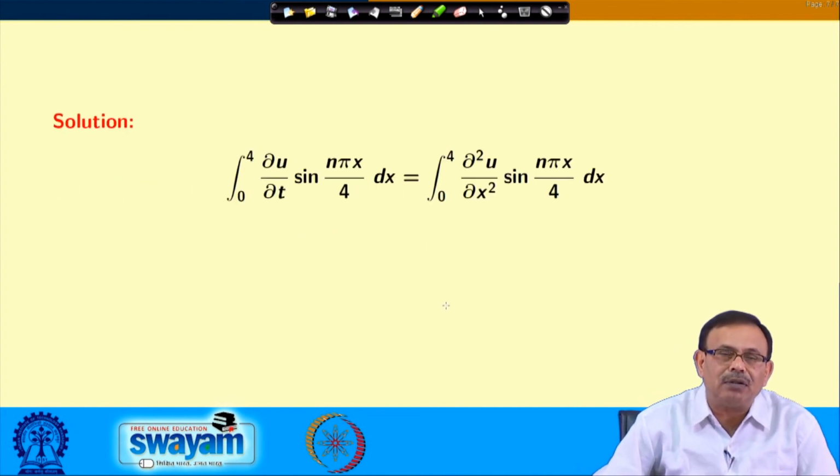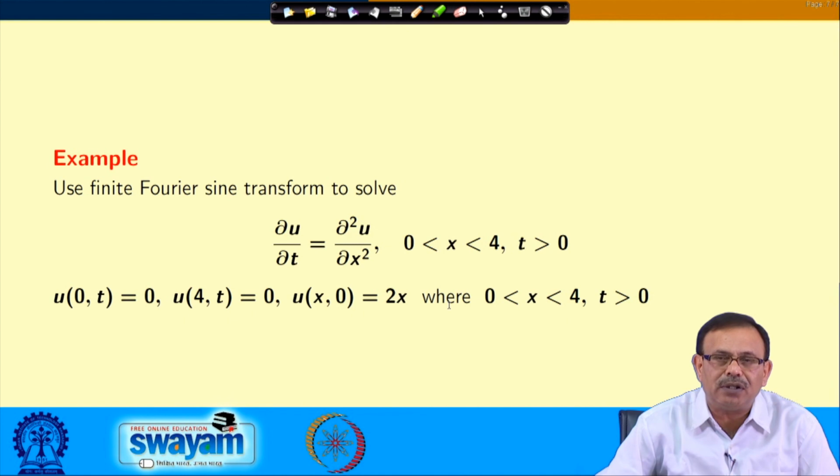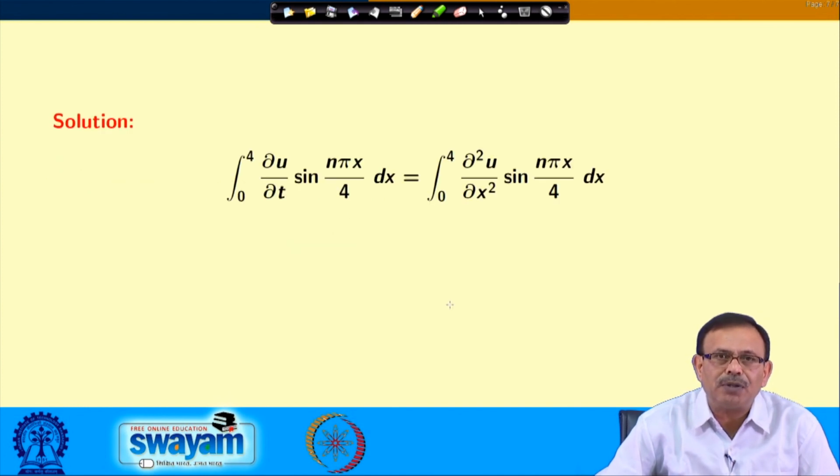So, what we have done? We have taken the finite Fourier sine transform with respect to x on both sides of the given partial differential equation, and as I told you at the beginning, since I know u(0,t) and u(4,t), I can use the finite Fourier sine transform.